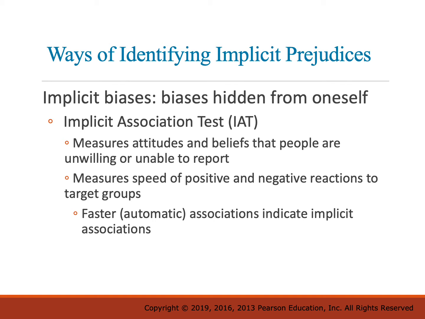And how does it do this? Well, it measures the speed of your positive or negative reactions to target groups. It's typically done with pictures in a video format. The faster associations, or the more automatic associations, indicate implicit associations. And there's a great video on this.